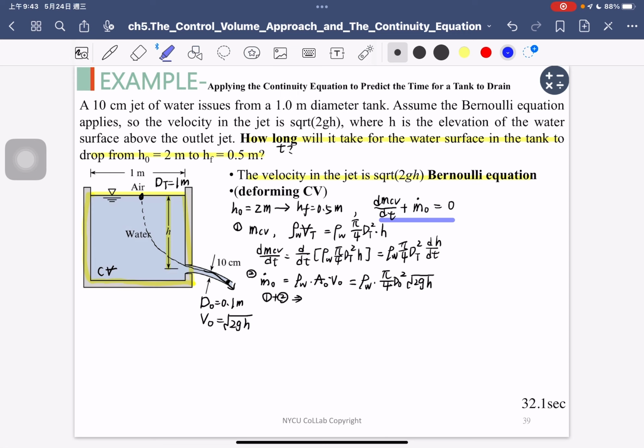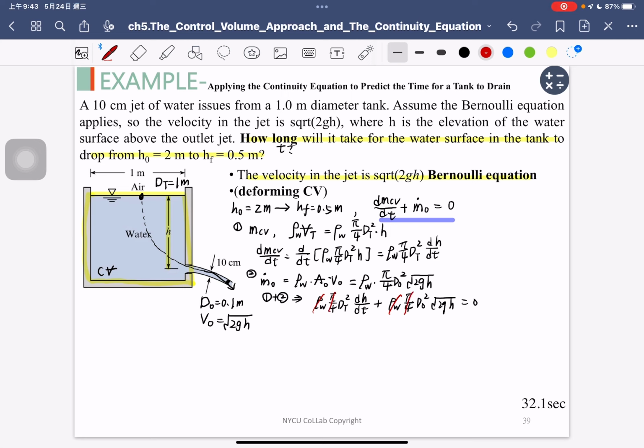You can write down the balance as rho_w pi over 4 d_T squared dh/dt plus rho_w pi over 4 d0 squared times the root of 2gh equals 0. And we can cancel out the same parameters, rho_w and pi over 4.